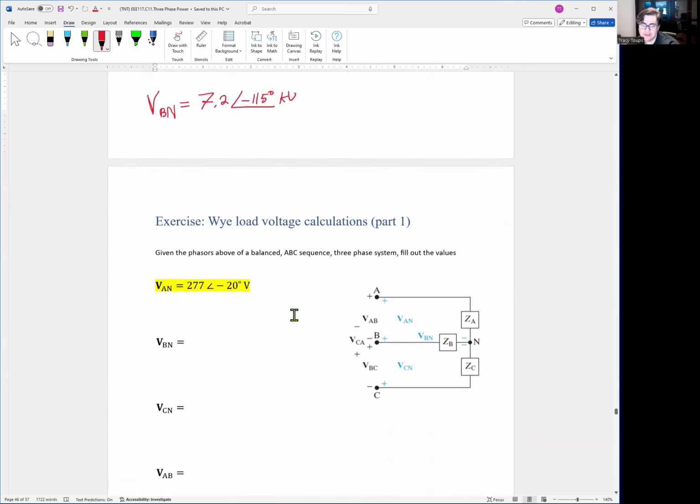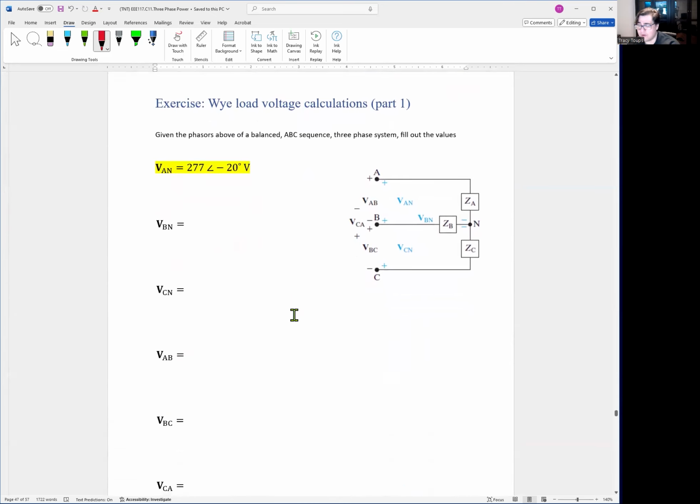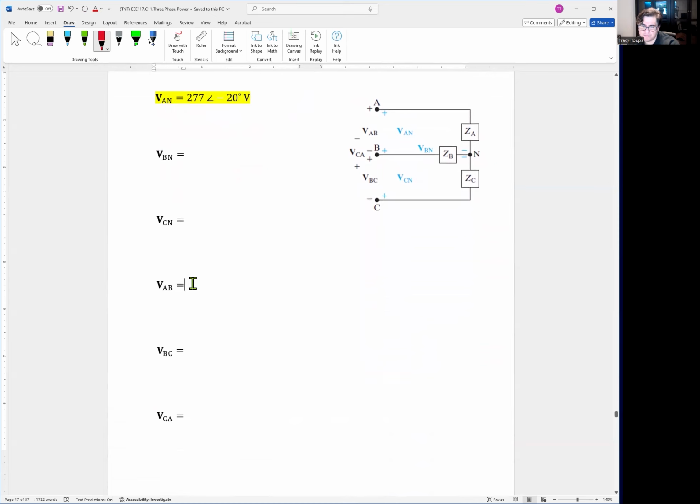Okay. So here's where we're going to take our 15 to 20 minute break. You have a Y-connected system. You have 6 voltages to look at. I will give you the first one. VAN is 277, angle negative 20 degrees volts. I want you to calculate VBN and VCN. That should be pretty easy. I want you to calculate VAB, VBC, and VCA.